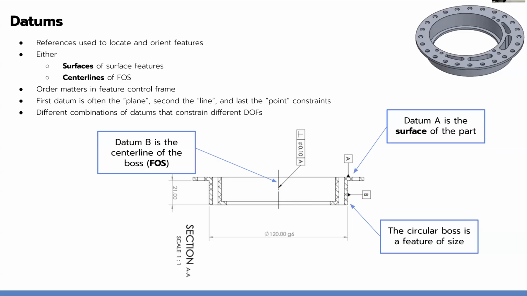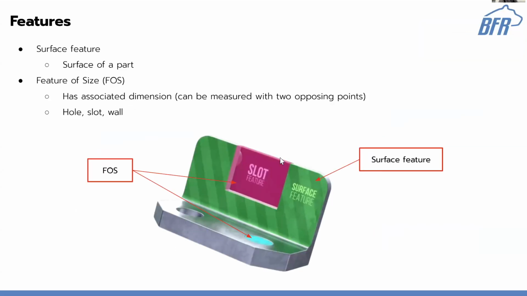So depending on what kinds of datums you use to control your parts, you'll constrain them in a different order than the simple 3, 2, 1 concept, which is plane, line, and point. You can go down quite a rabbit hole of what the best features are for your datums. Again, you can ask me for more info later, but that's the basics of it.